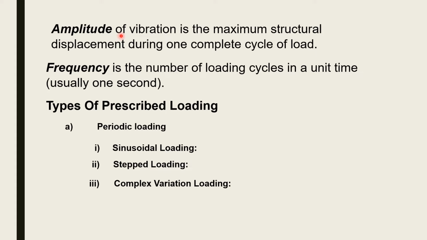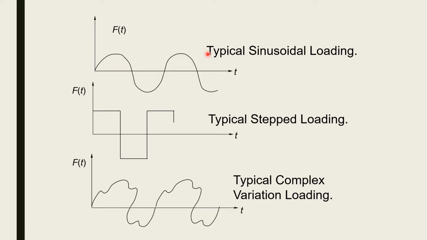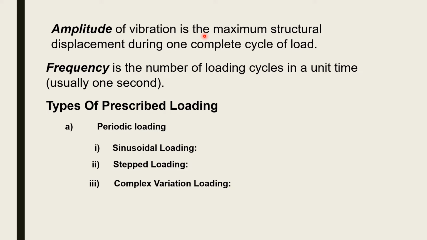What are amplitude and frequency? Amplitude of vibration is the maximum structural displacement during one complete cycle. Here is one complete cycle. The maximum amplitude in a cycle is the maximum displacement of vibration during one complete cycle of load.